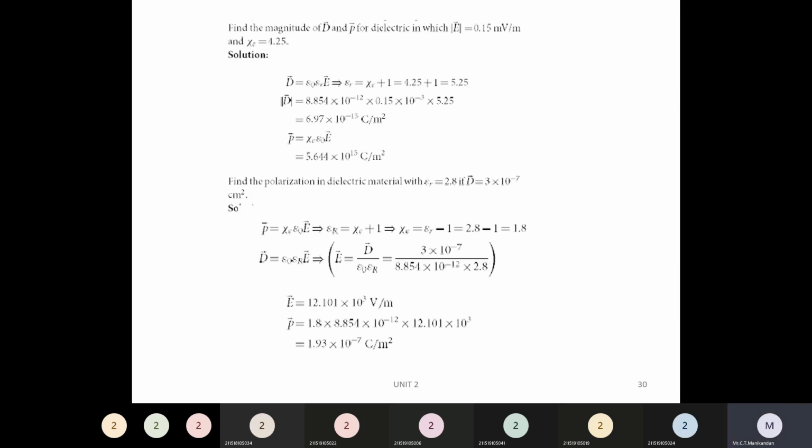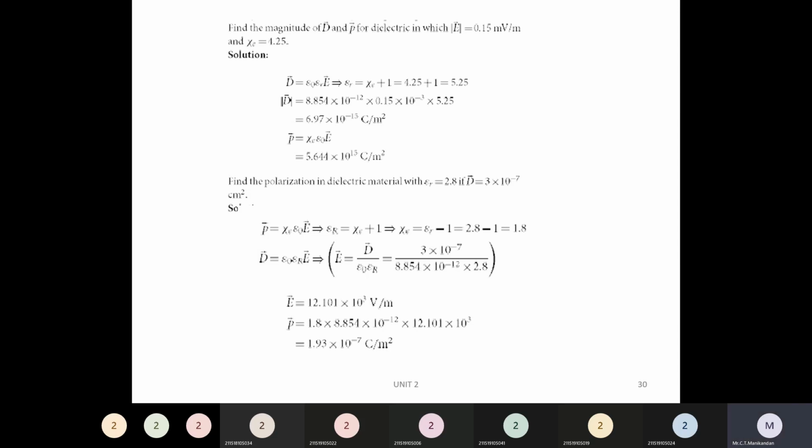You know the concept that D equal to epsilon R E. Epsilon naught is the constant 8.854 into 10 power minus 12, and E is given in the problem as 0.15 into 10 power minus 3. But we don't know epsilon R. Epsilon R equals 1 plus dielectric susceptibility, and applying that you will get epsilon R.